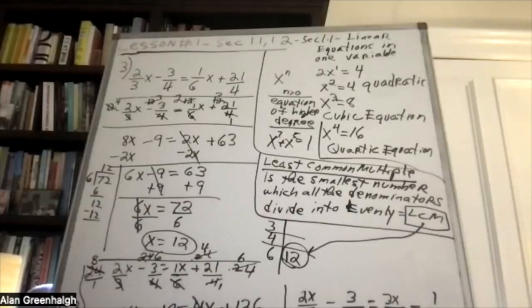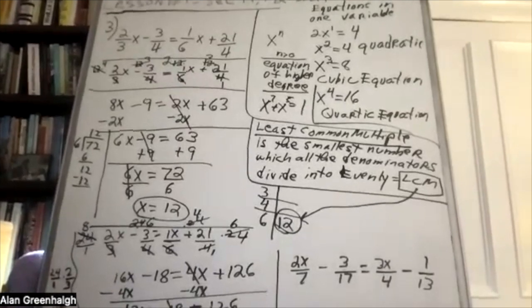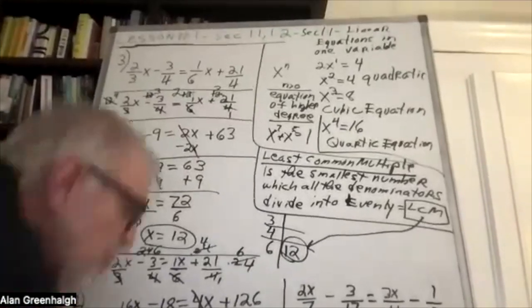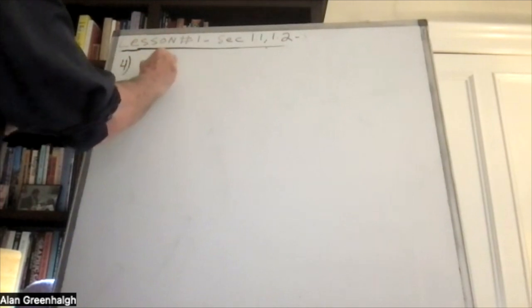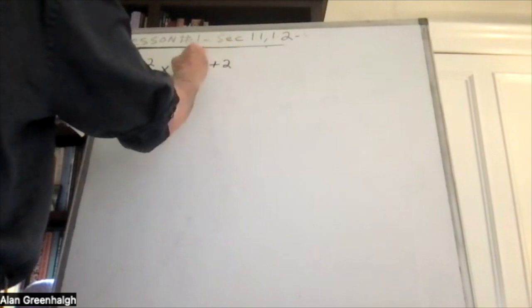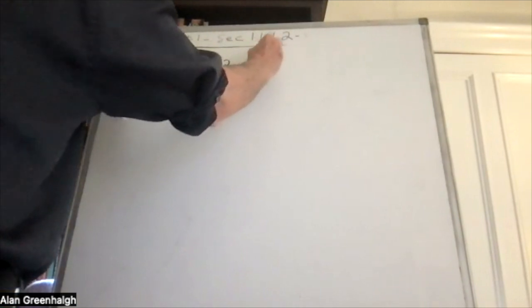So before we go on, well, there are no questions, I'd like to go on. It's already 2:36. Let's move on. This is problem number 4 of this set. And here it is. I like this problem.